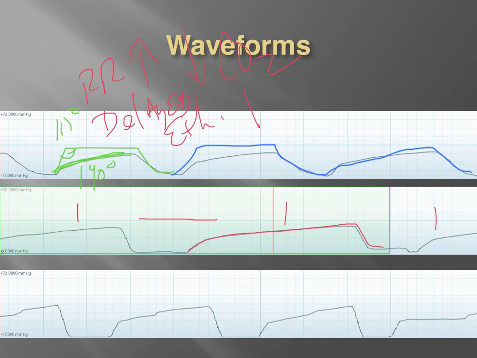So really, we should have an increase in carbon dioxide. So now it gets even more confusing, because normally, if we had just an increased respiratory rate and decreased CO2, we would consider it hyperventilation, right? We have a delayed exhalation. Over the course of time, as a waveform gets worse and worse, we're going to have an overriding amount of carbon dioxide building up in our end tidal levels.